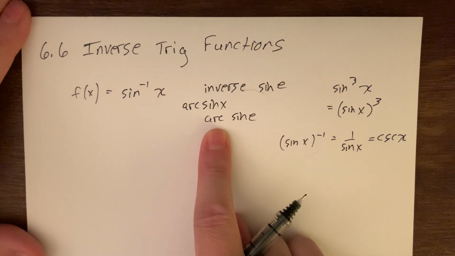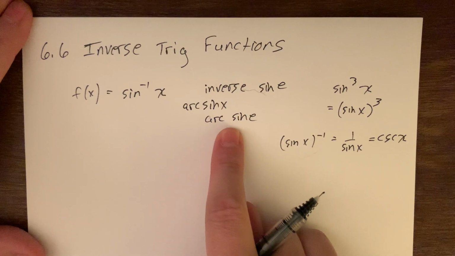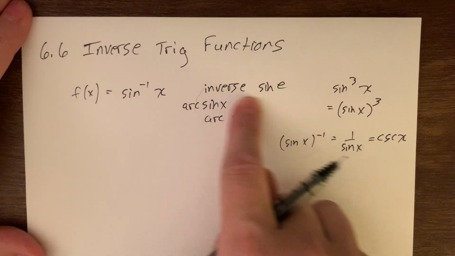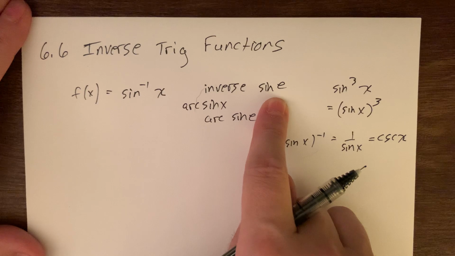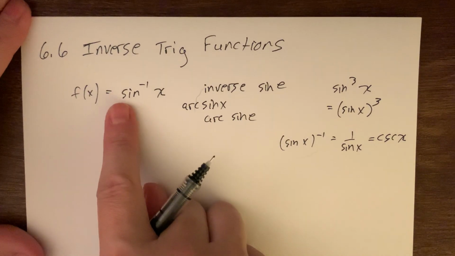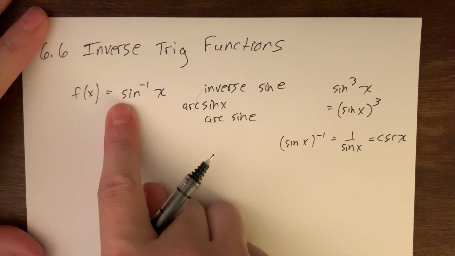So I just wanted you to hear it one time. And just in case, for me, I learned it this way. So every once in a while, I try and use the notation and the way our book refers to it as inverse sine. But if I accidentally say arc sine at any point, I want you to be clear that this is what I'm referring to.